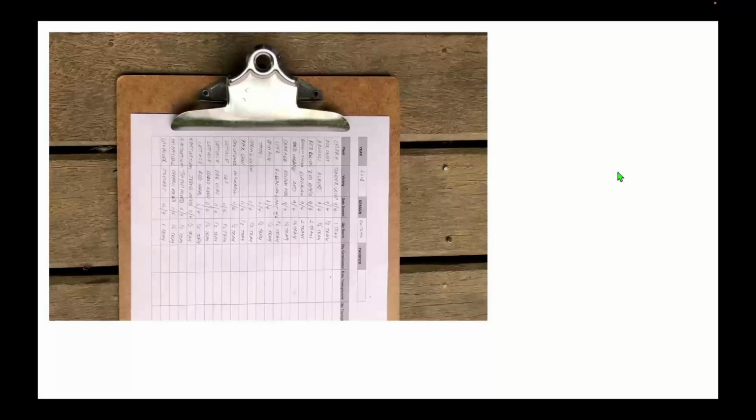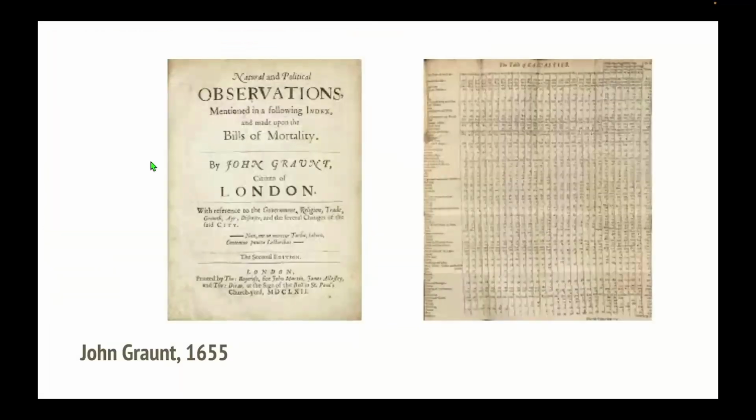Here you see some gardening records, but people would store all types of data on paper, including medical records. And then in the 1600s, someone decided to capture a lot of written data and do analysis on it. They attempted to predict life expectancy by taking notes about and capturing deaths across Europe.